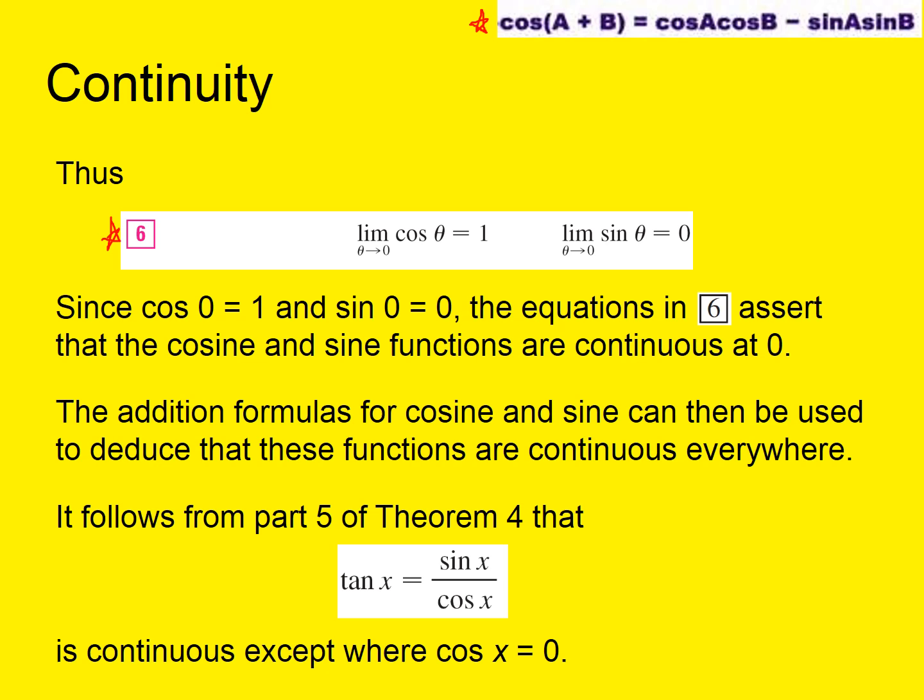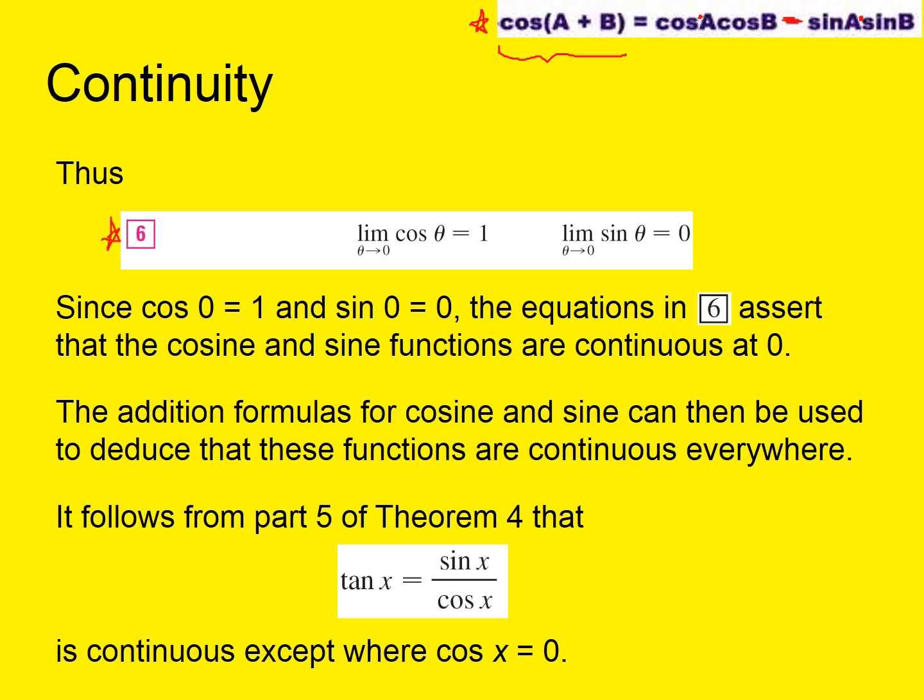Since we know that the product of continuous functions is continuous, so that's true for these two products, and the difference of continuous functions is continuous, we can say that cos(a+b) is a continuous function because of the theorem.